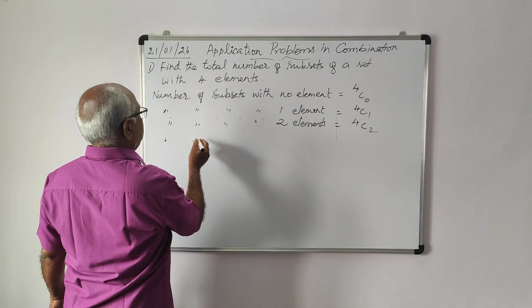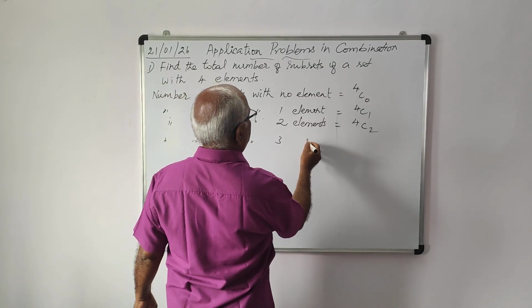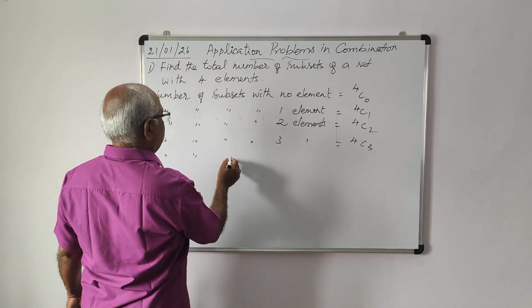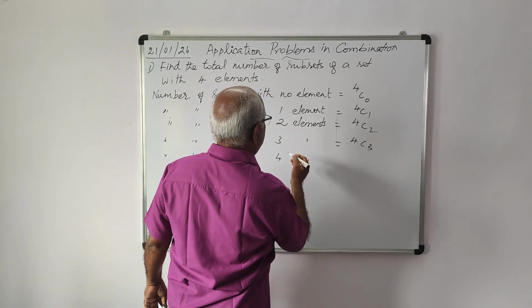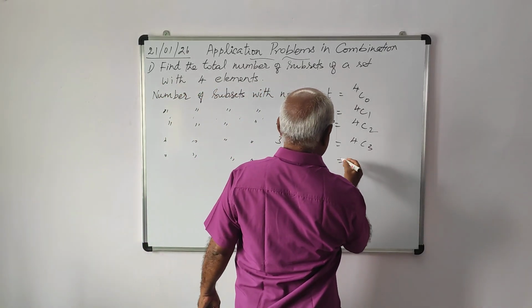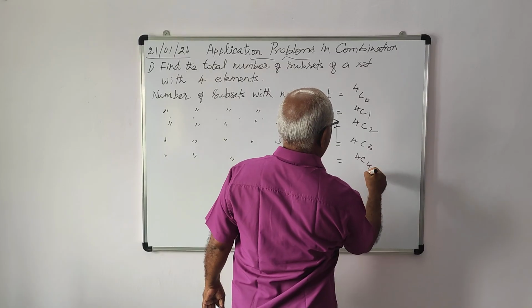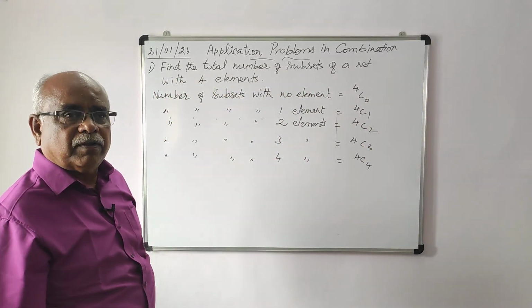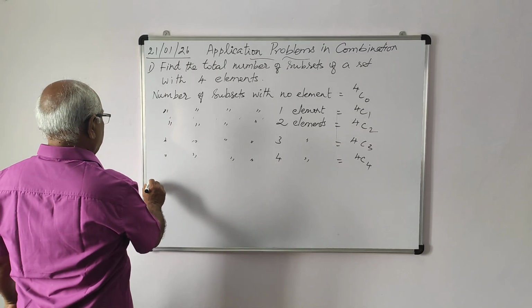The number of subsets with 3 elements is 4C3. The number of subsets with 4 elements, that is the given set itself, the whole set, is 4C4. Adding these gives you the total number of subsets.